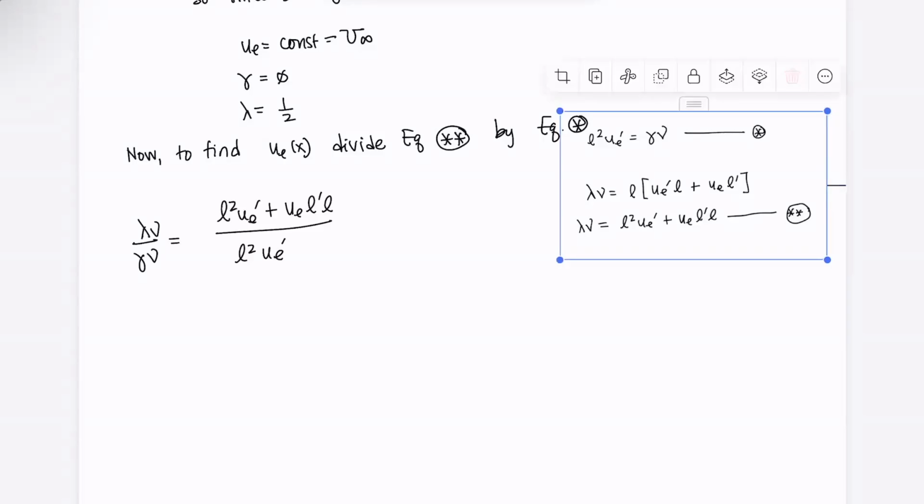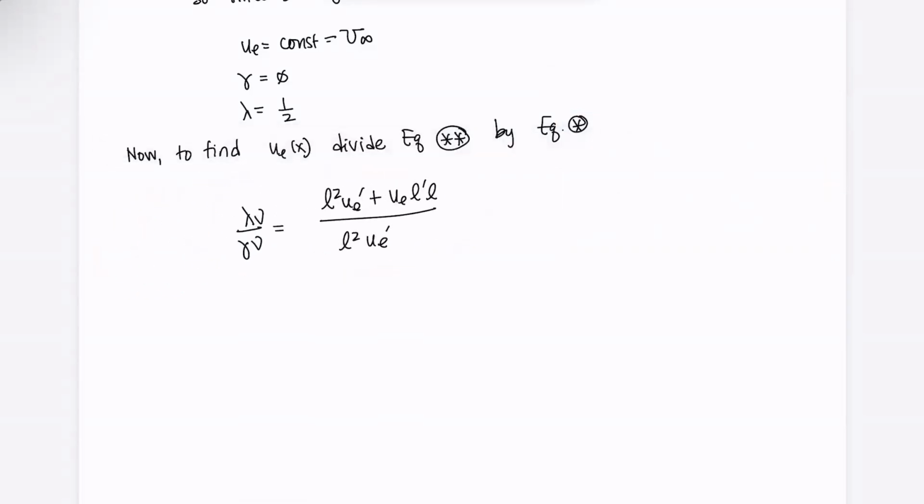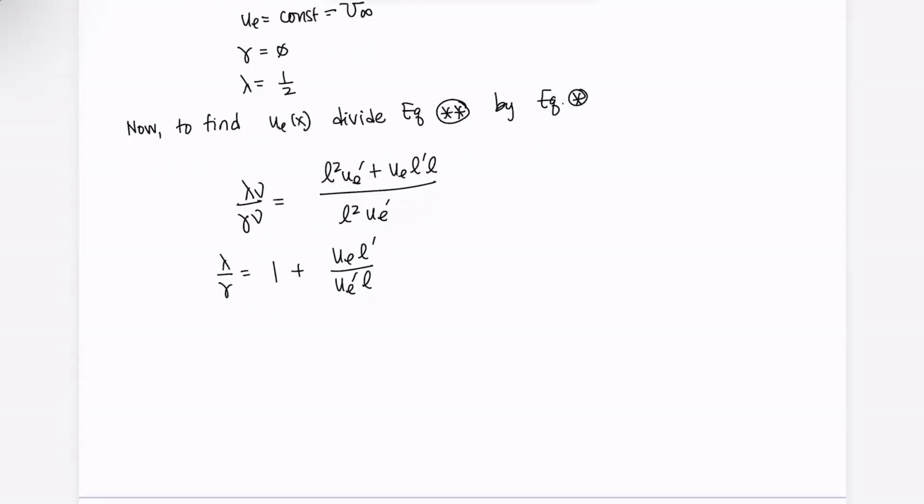Now I can delete that. And this gives us lambda over gamma is equal to 1 plus UE L prime divided by UE prime L. I'm going to rearrange this just a tad.